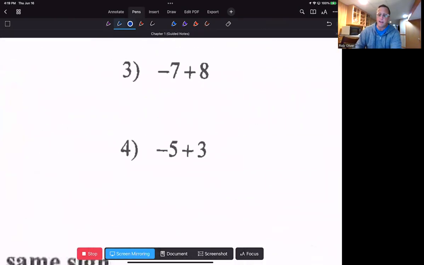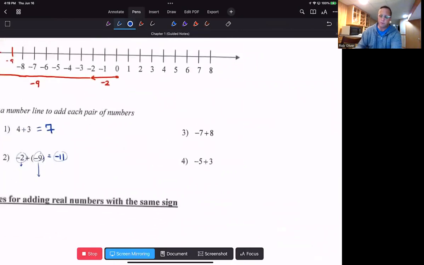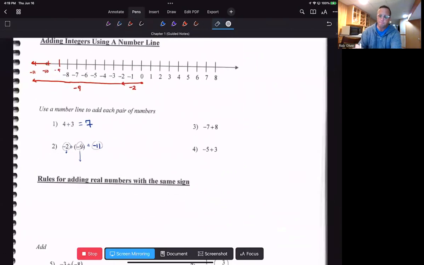For number 3, we've got -7 plus 8, which is a good example to show with a number line, to show how they cancel each other out. Not completely, but you can see what's going on here. So I'm going to go to -7 on the number line. There's -7. And then I'm going to go up 8.